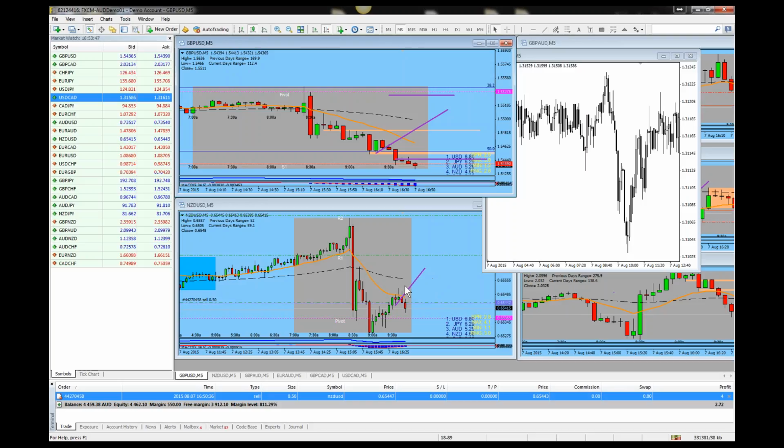The slingshot is the one that closes closer to its low or high than it does to its middle. I came up with the name slingshot because it's like you're pulling the thing all the way back and then letting it go, and then momentum keeps it moving in that direction.